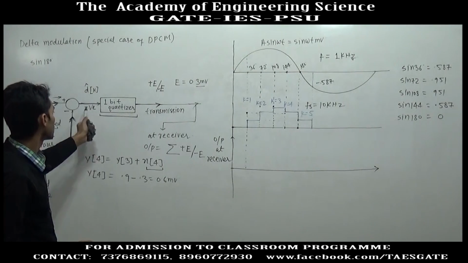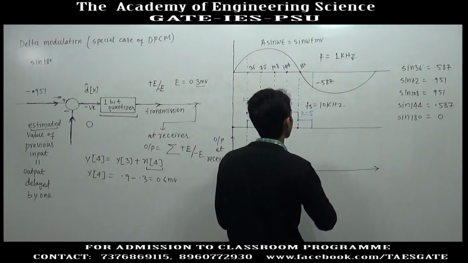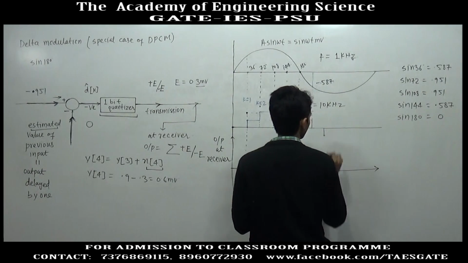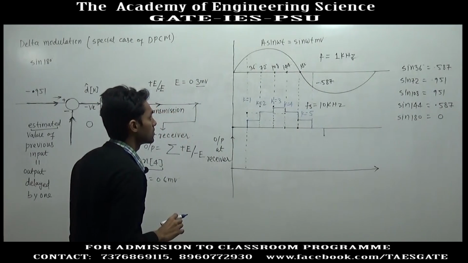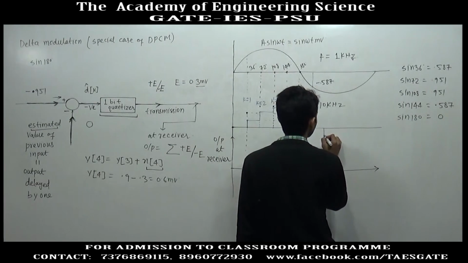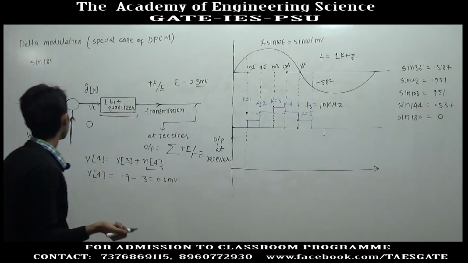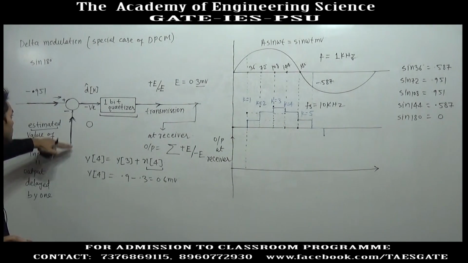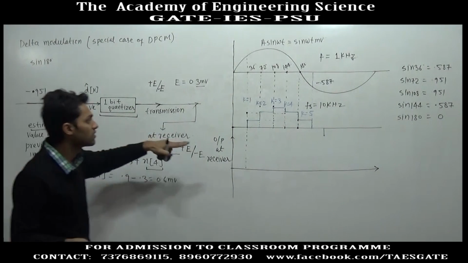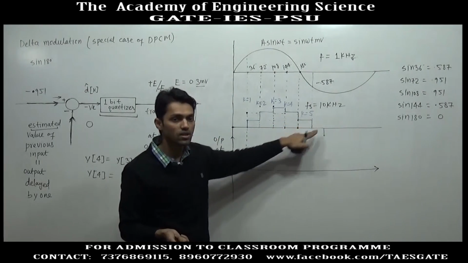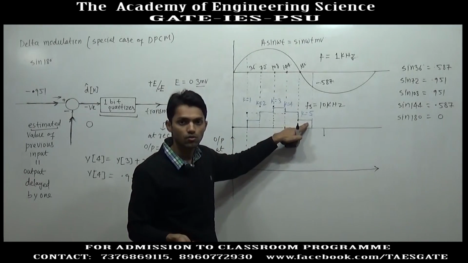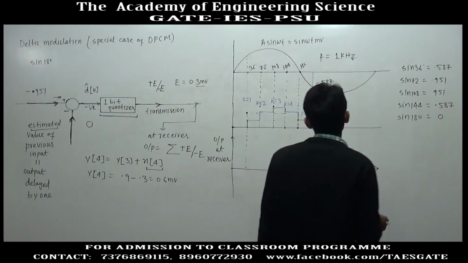Now, again the input to the quantizer is negative, so the output will again be subtracted by 0.3 millivolt. So, what we are doing here, at each instant we are comparing the present input sample and the previous output, and if the difference is positive, we will add the threshold to the present output, and if the difference is negative, we will subtract the threshold from the output.